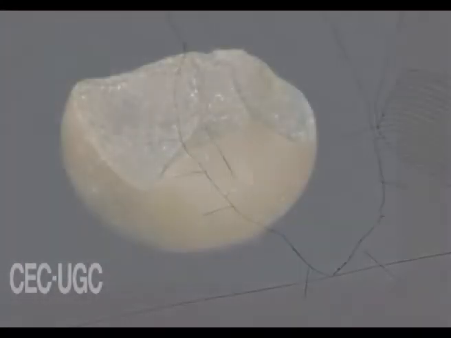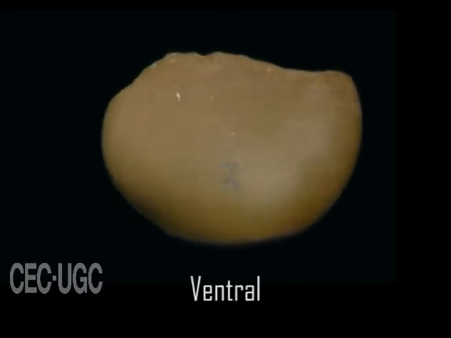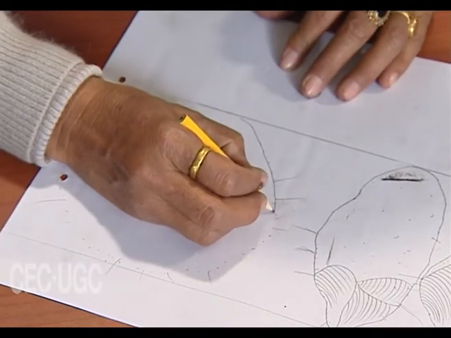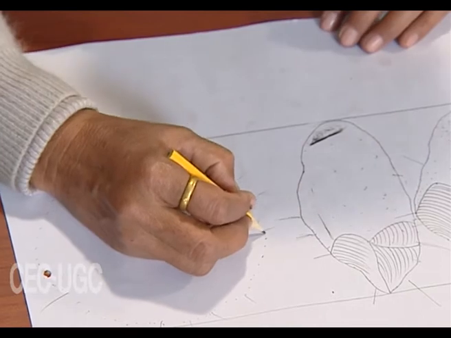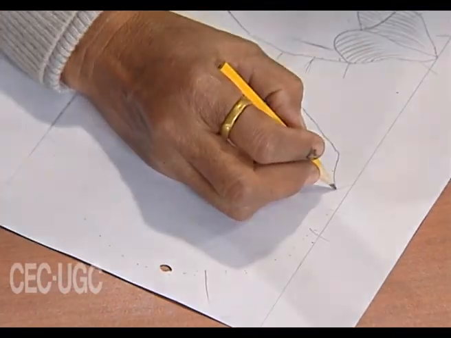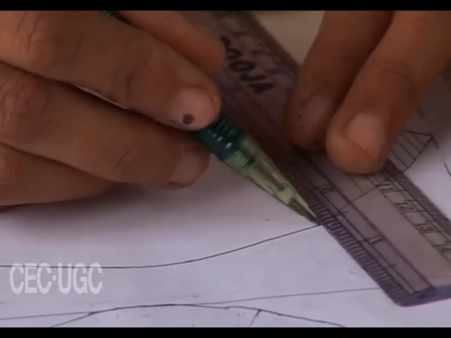The third step is the drawing of the ventral surface of the specimen. The fourth or final step is the drawing of its cross section. It is normally drawn just below the drawing of the dorsal surface.